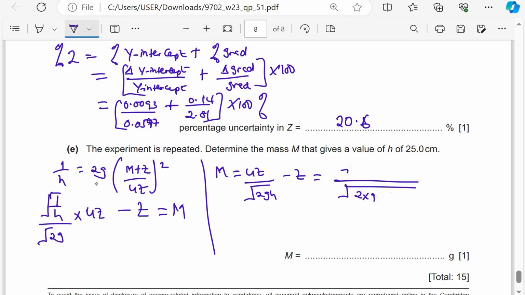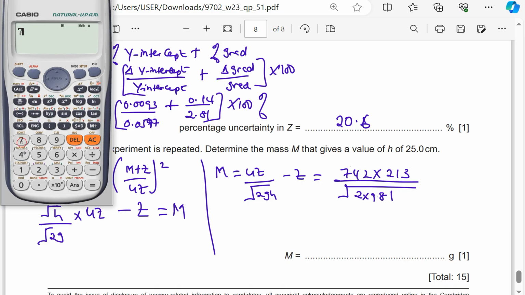So 742 times 213, 981. So 741 times 213 divided by the root of 2 times 9.8, sorry, 981.